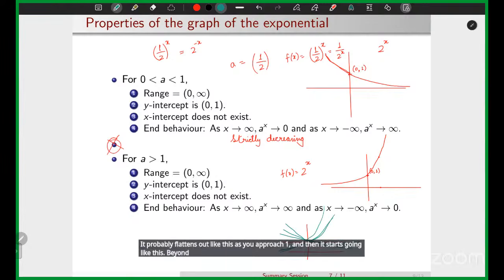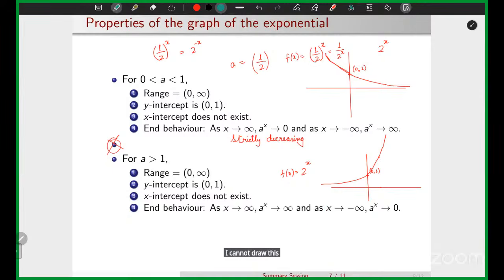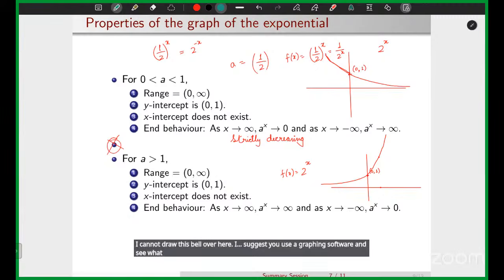Beyond 1, the larger the value, the steeper the graph. I cannot draw this well over here. I suggest you use a graphing software and see what happens as you approach 1, and then what happens at a equal to 1, and then how it flips as you increase the value of a.